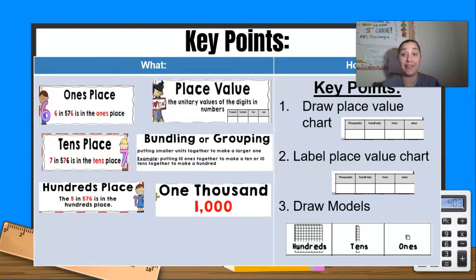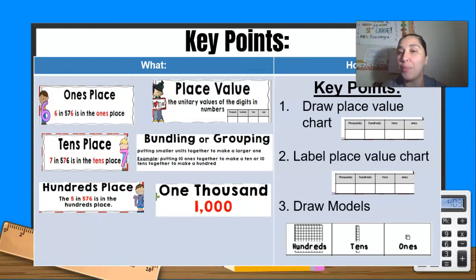Now that I have a 10, if I have 10 tens together, I bundle them and they make 100. They make 100, boys and girls. Now I have 10 hundreds, boys and girls, and when I bundle them, when I put them together, they make 1,000.